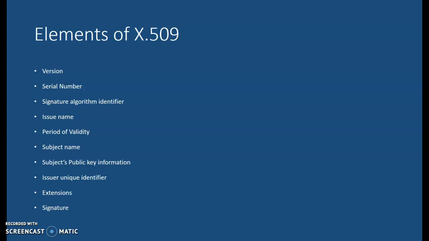The elements of x.509: the first one is the version. Generally, the version is used to differentiate it from the successor versions, and for each version we are updating something on the previous predecessor.